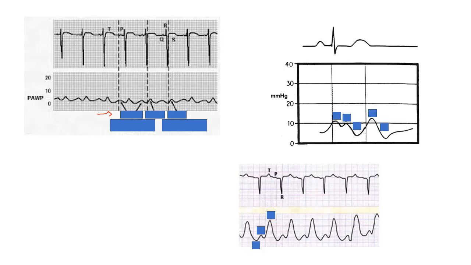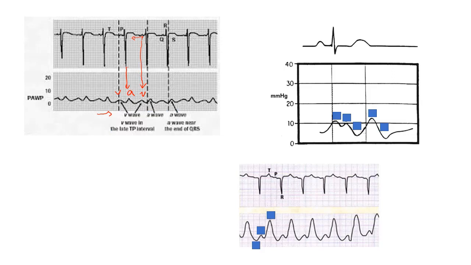It must be the V wave. Then by deduction, this must be the A wave. And again, remember we said draw a line down from the QRS and you're going to hit the A wave. So that's what we're seeing. And the V wave corresponds to the TP segment.